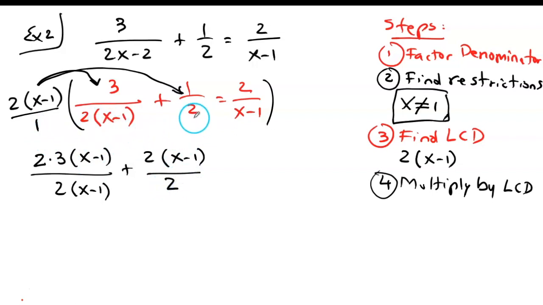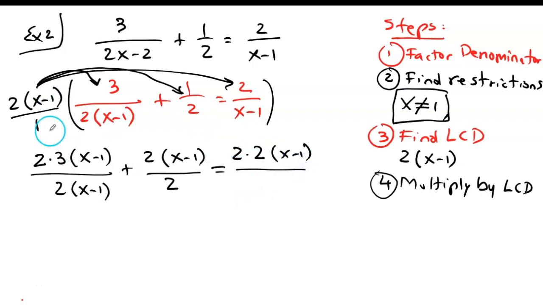My denominators will not change because they're multiplying times 1. Keep that in mind. That's a common mistake. Be careful. The top times 2, so it's 2 times 2, and I bring the x minus 1. The bottom, 1 times that is x minus 1. And now I affected my LCD.